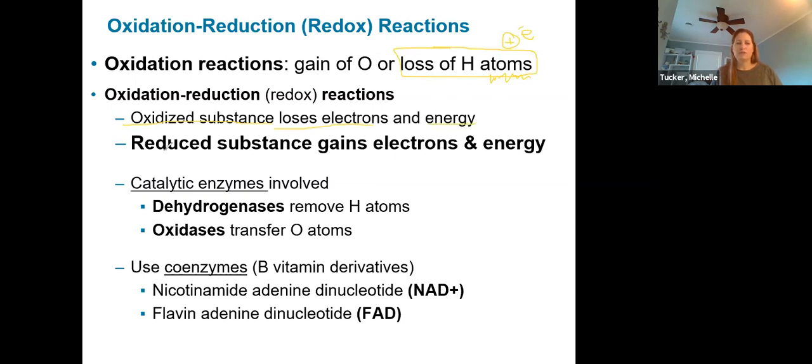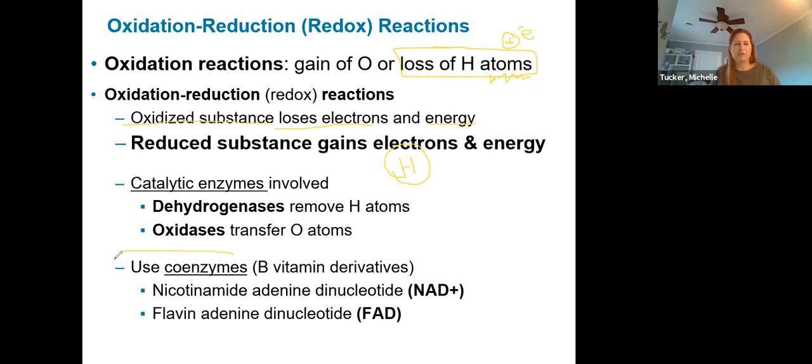The reduced substance gains electrons, it's gaining hydrogen atoms and energy. Enzymes catalyze these reactions, but they can't carry the hydrogen atoms. They can make the reaction happen, but they are not the hydrogen acceptor or donor.